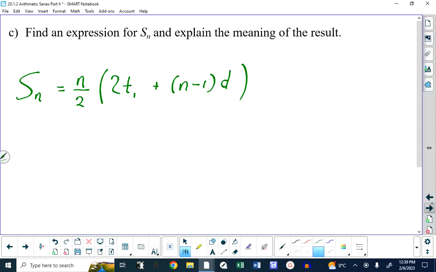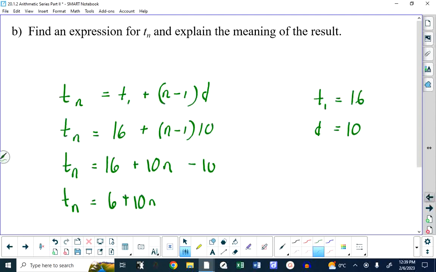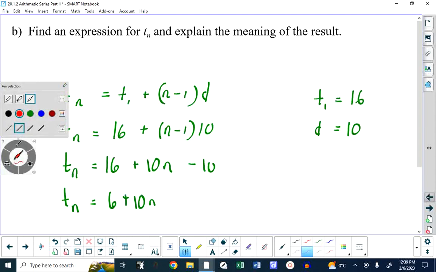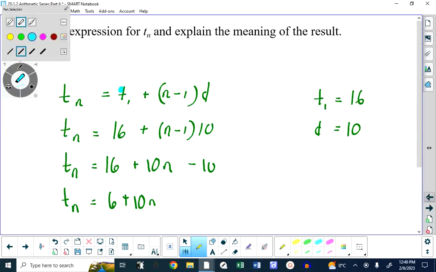And we're going to do the same thing that we did here. What did I do here? Well, I had two parameters. One of the parameters was T1, and I loaded the first term in there. The second parameter is D, and I loaded 10 in there.